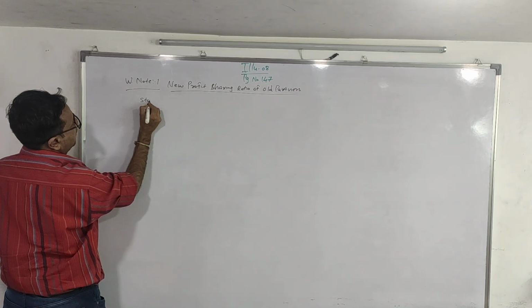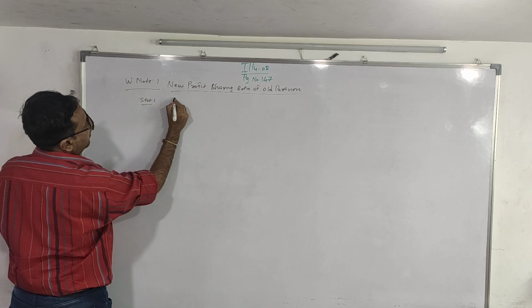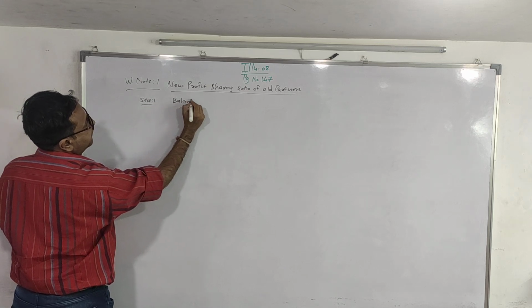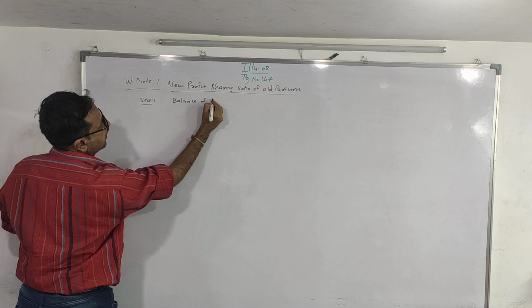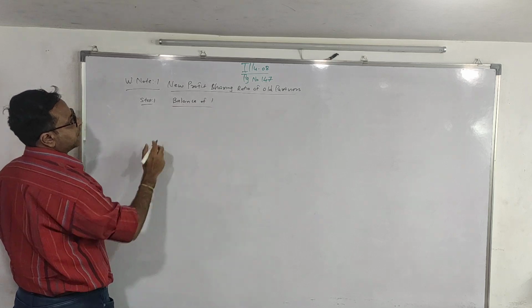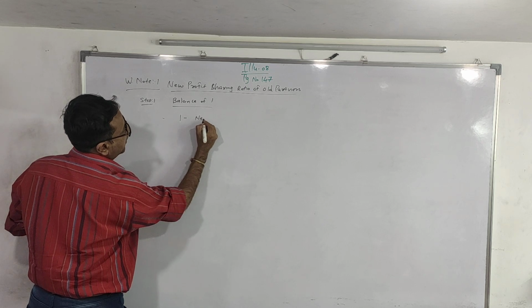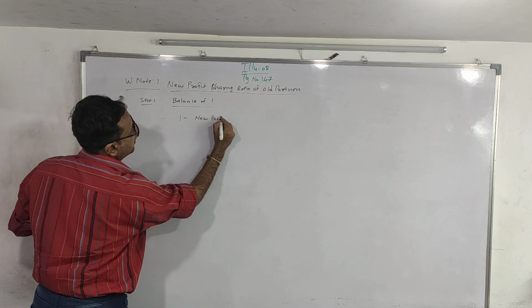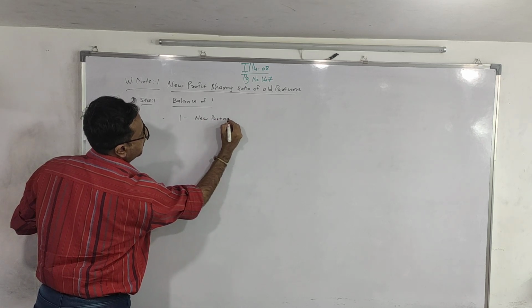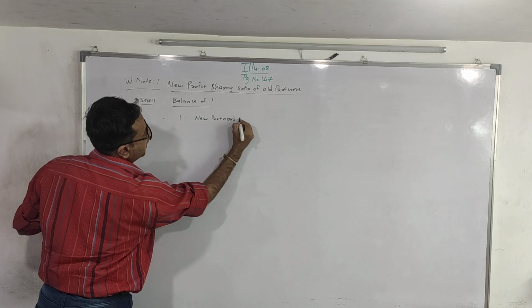Step 1, we'll find out the balance of 1. Now what is the balance of 1? It is 1 minus new partner's share.